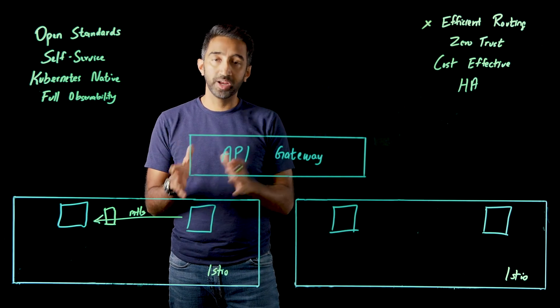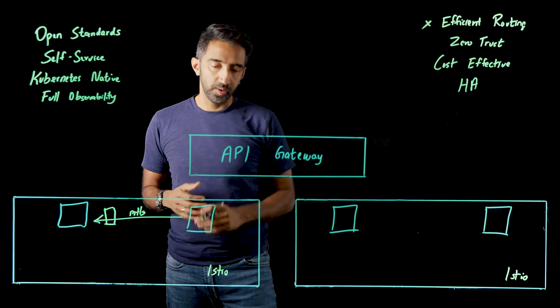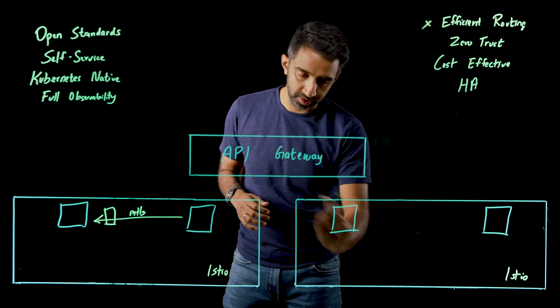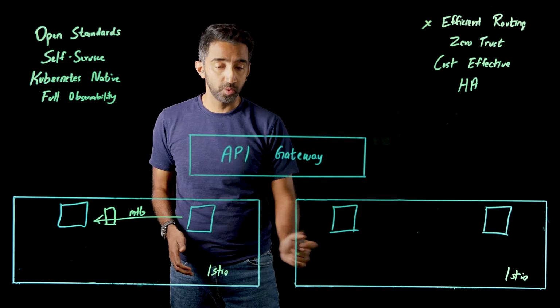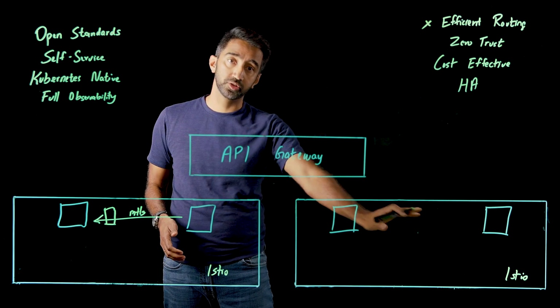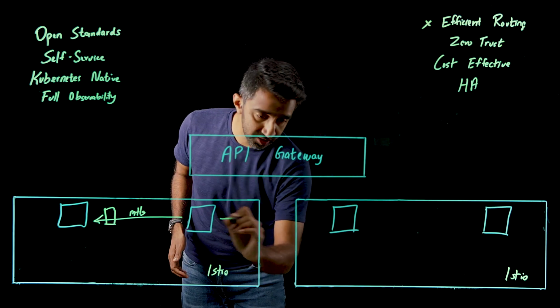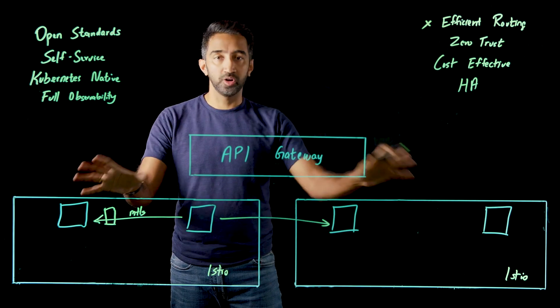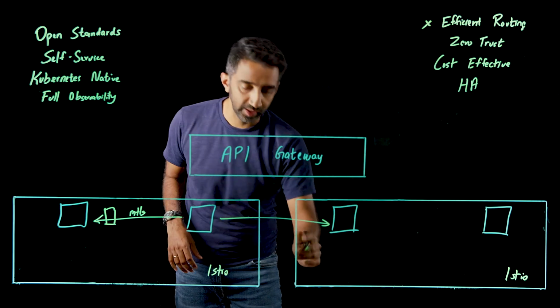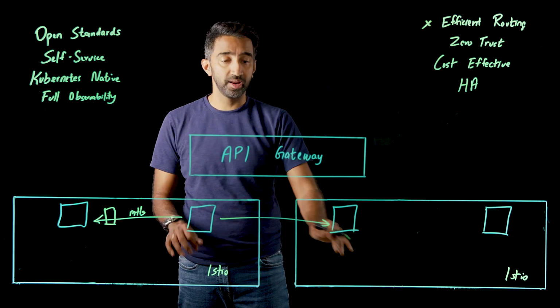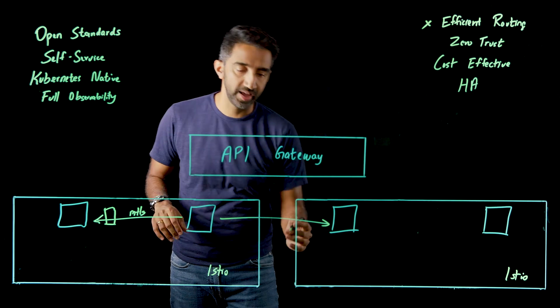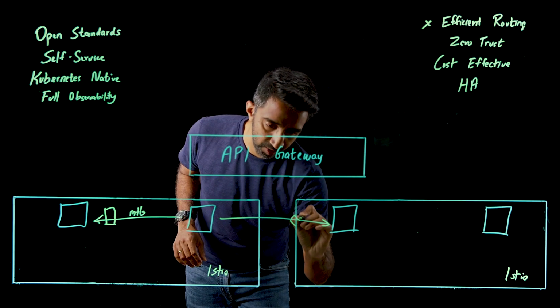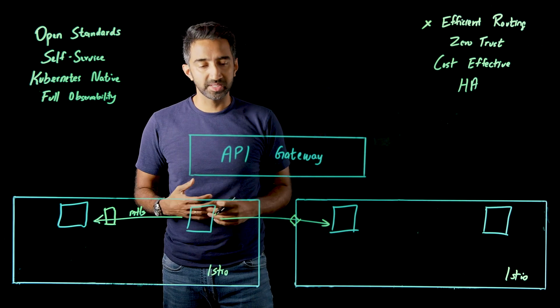When you're doing cross-cluster traffic, when this service wants to talk to that service, Istio can run in a multi-cluster mode where traffic can transparently traverse your network and reach the destination. If you're on a flat network, it can go direct. If you're not running a flat network, if both of these clusters are on their own independent networks, then we can transparently route the traffic through what's called an east-west gateway.